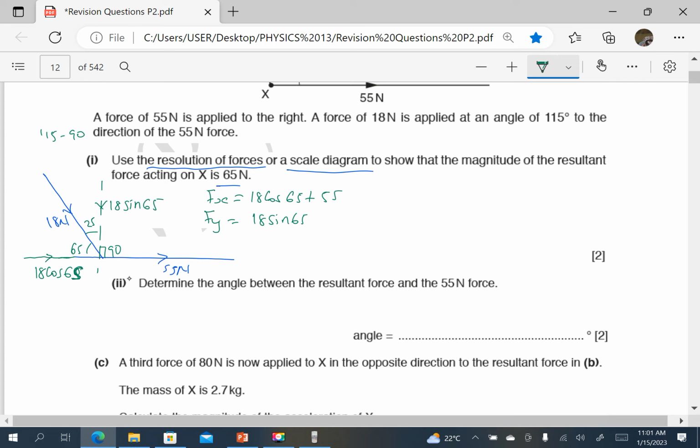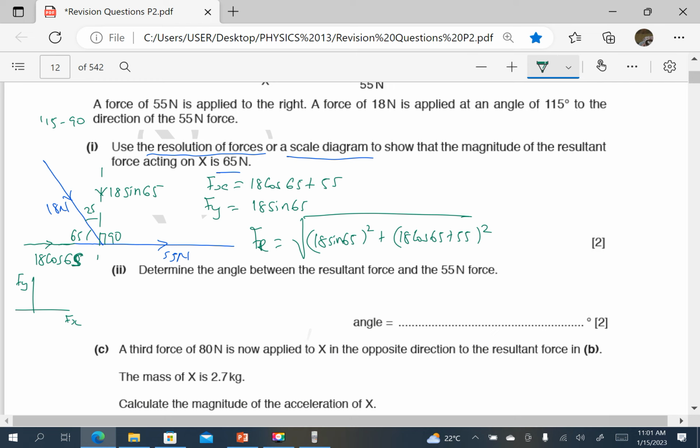So the resultant force, I'm calling it FR, will be the square root of (18 sine 65) squared plus (18 cos 65 plus 55) squared. That is Pythagoras theorem. When you have two vectors at 90 degrees, use Pythagoras theorem. One is F in the x, the other one is F in the y.